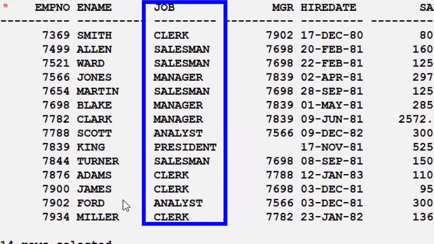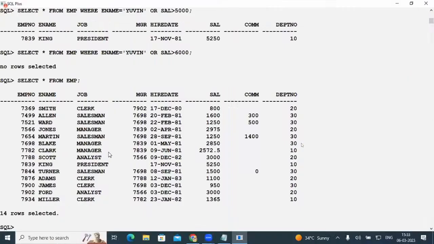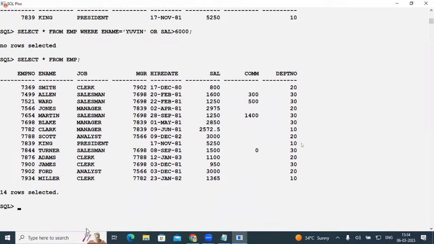Who are not working under clerk and salesman. Not. So except those, the remaining job people will come to us. Yes or no? Now how can we write it? SELECT star FROM EMP WHERE NOT. What is the condition?